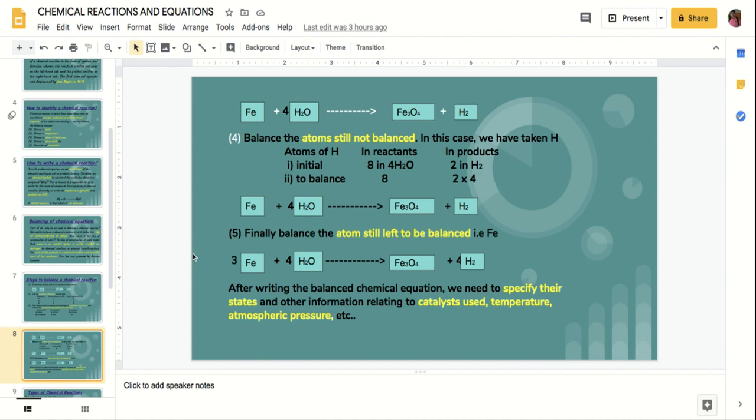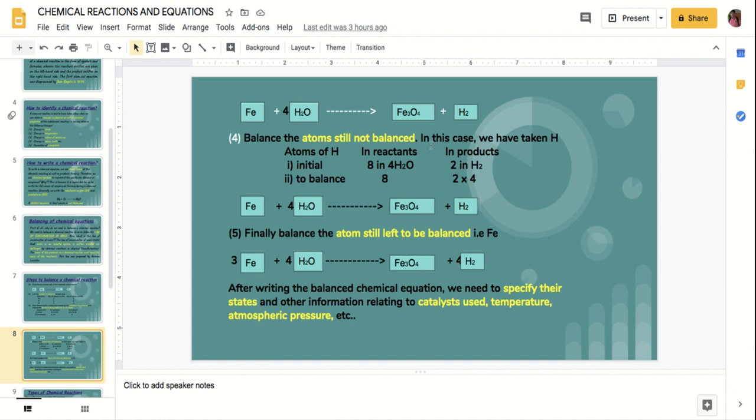When you are multiplying a particular molecule or compound by 4, the whole compound is getting multiplied 4 times, not a particular atom. 4 into H2O means H8O4, meaning 8 atoms of hydrogen and 4 atoms of oxygen are present there. But we cannot write oxygen with a suffix, like H2O4, or H2O raised to the power 4. We cannot write like that.